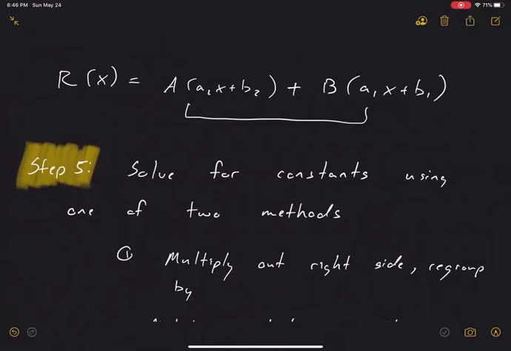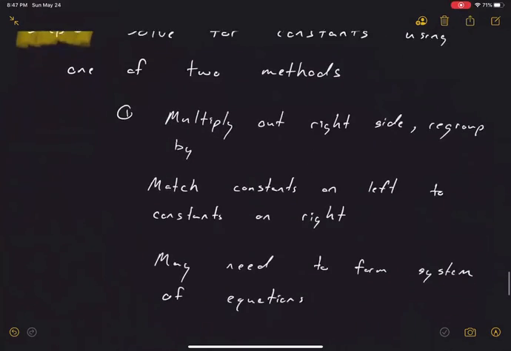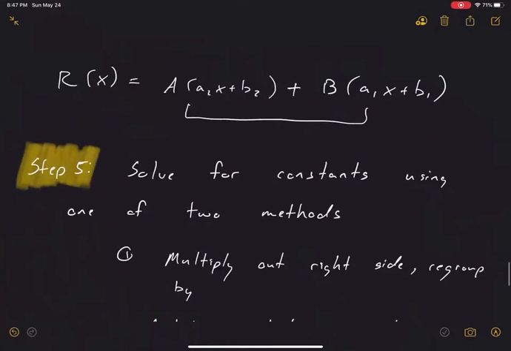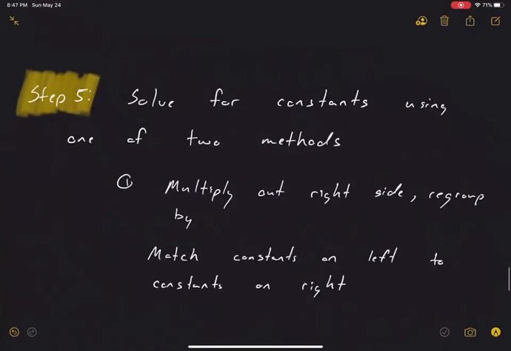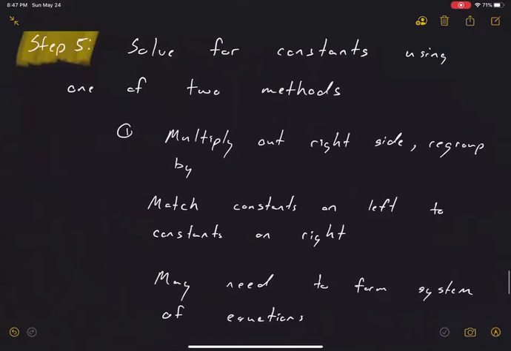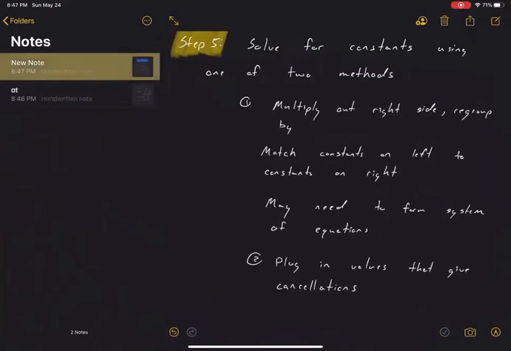So I want to get all my x squareds together, all my x's together, all my constants together. And then I'm basically going to match the coefficients on the left side to the coefficients on the right side. This is probably not making any sense to you guys, but let's go ahead and try and work through it in our example.